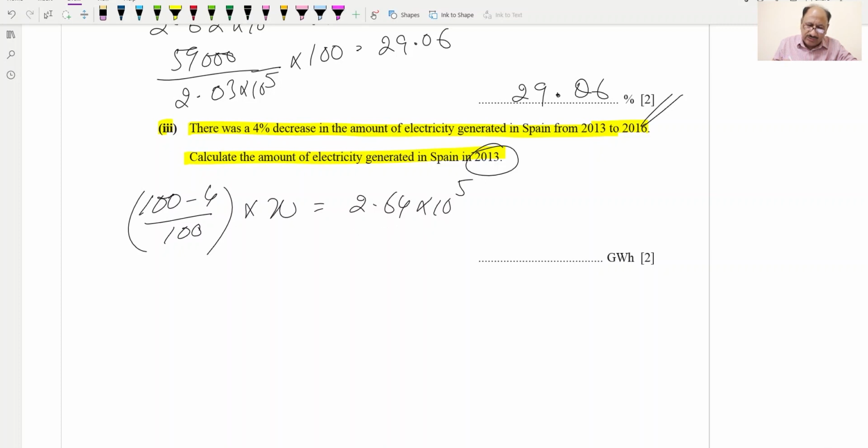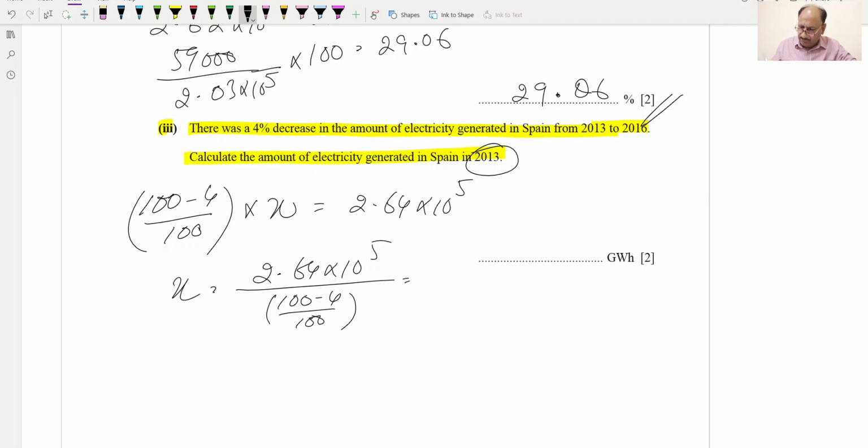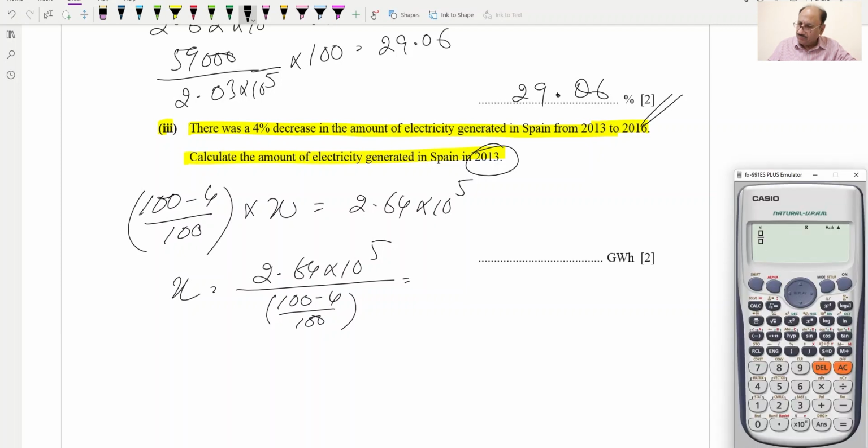This is 2016 number. So x will be equal to 2.64 into 10 raised by 5 and divided by 100 minus 4 and divided by 100, and this will be resulting to how much? This will be 2.64 into 10 raised to the power 5 and divided by, in bracket, fraction 100 minus 4 and divided by 100, and bracket will be closed, and this is equal to 275,000.